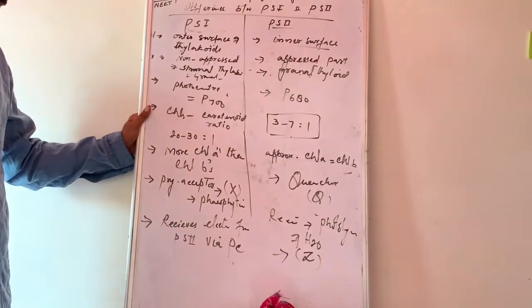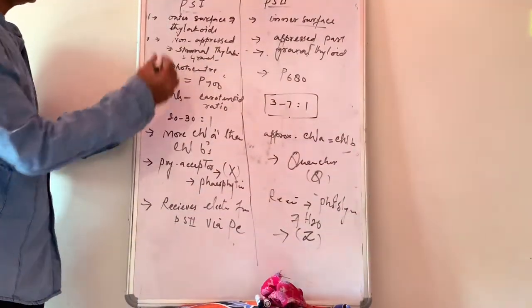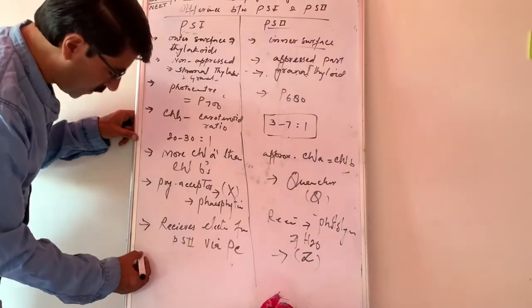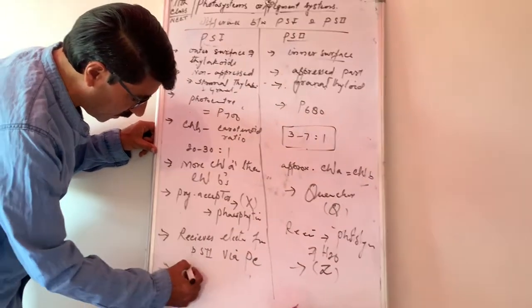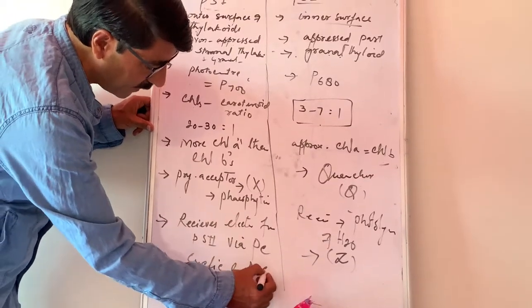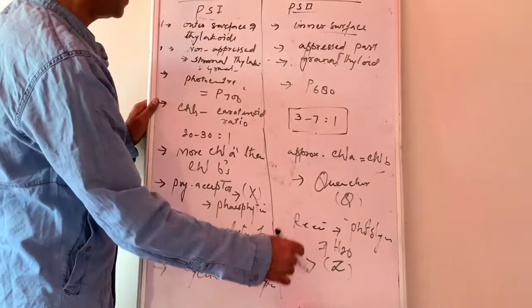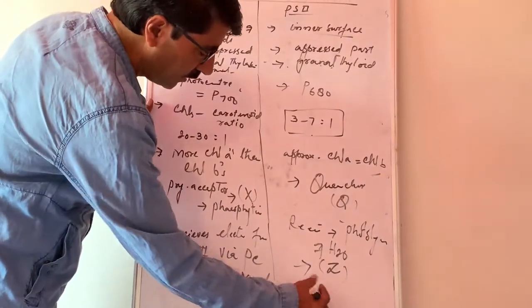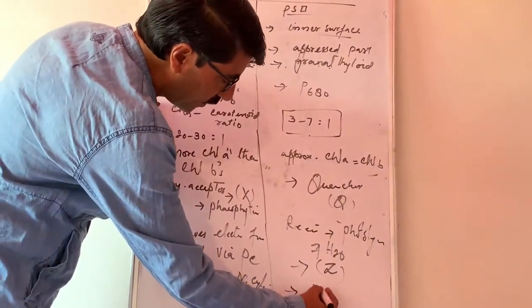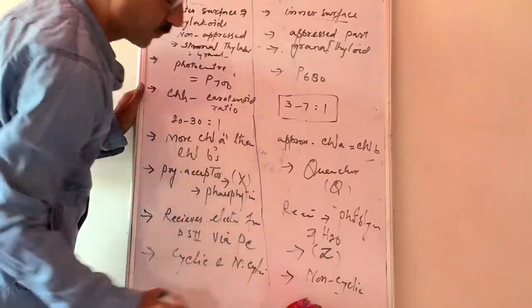The last point जो आप याद रखेंगे यहाँ पर, that this PS first, it functions in both cyclic and non-cyclic electron transport and photophosphorylation, but this PS second, it only functions in non-cyclic electron transport and photophosphorylation.